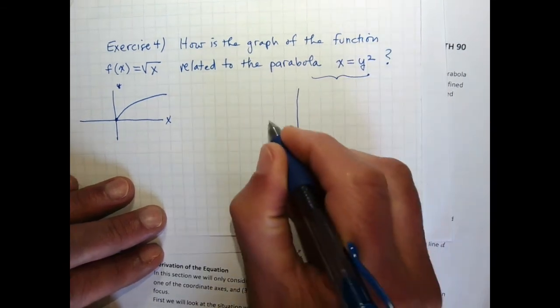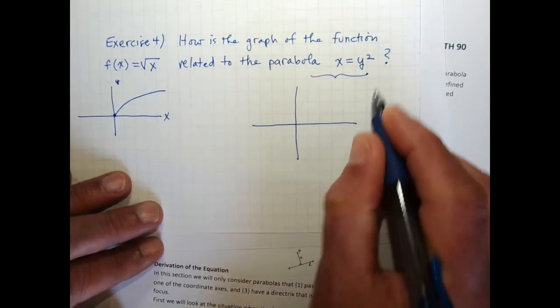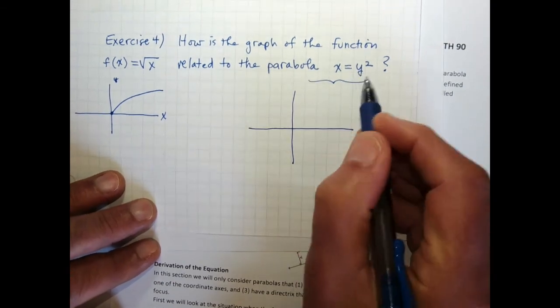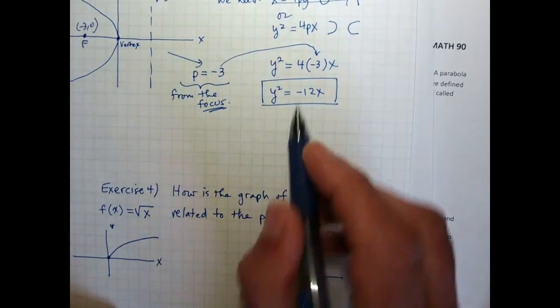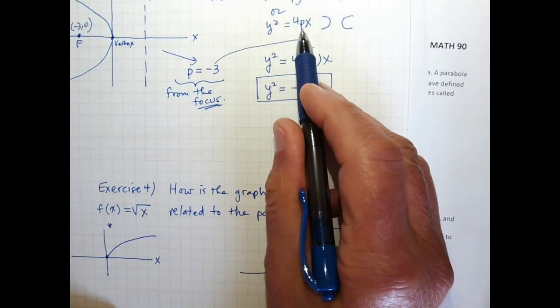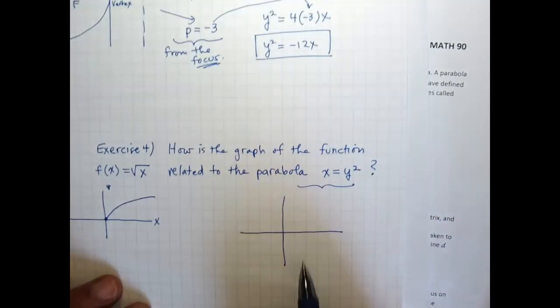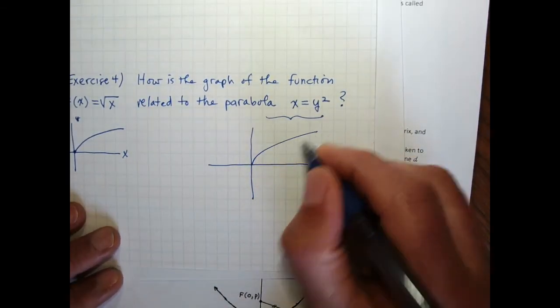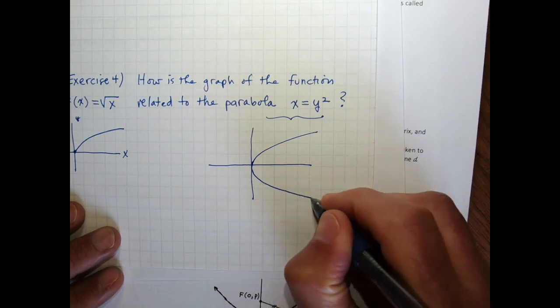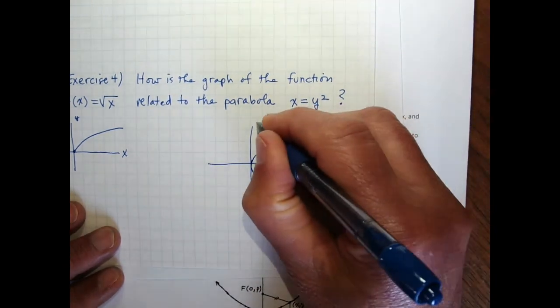This graph is actually an entire parabola. Again, it's that standard form where y is squared and x is not. So it's going to be a sideways parabola, and you can fill in the details if you want here, but it's going to be like so.